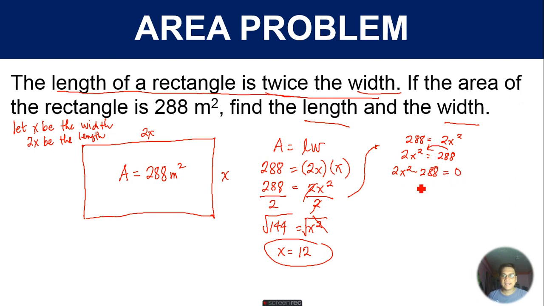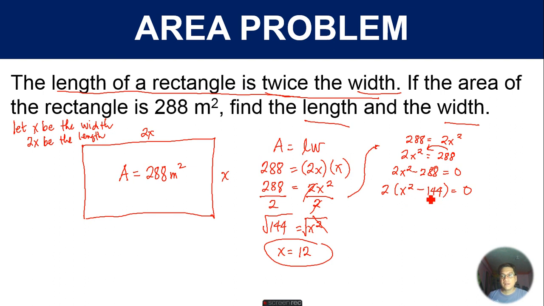This is factorable by common monomial factoring. We have 2 outside, and inside is x squared minus 144 equals 0.